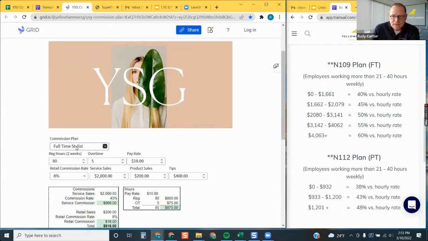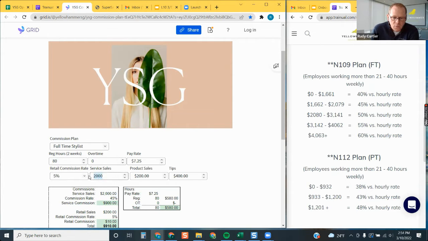So for a full-time stylist, as an example, who's working 80 hours every 2 weeks, so they're working 40 hours a week. They're not going to work any overtime. I'm going to set that down to 0. And let's just say, for the sake of argument, they're in a minimum wage state of $7.25, and this stylist will be a 5% retail commission.